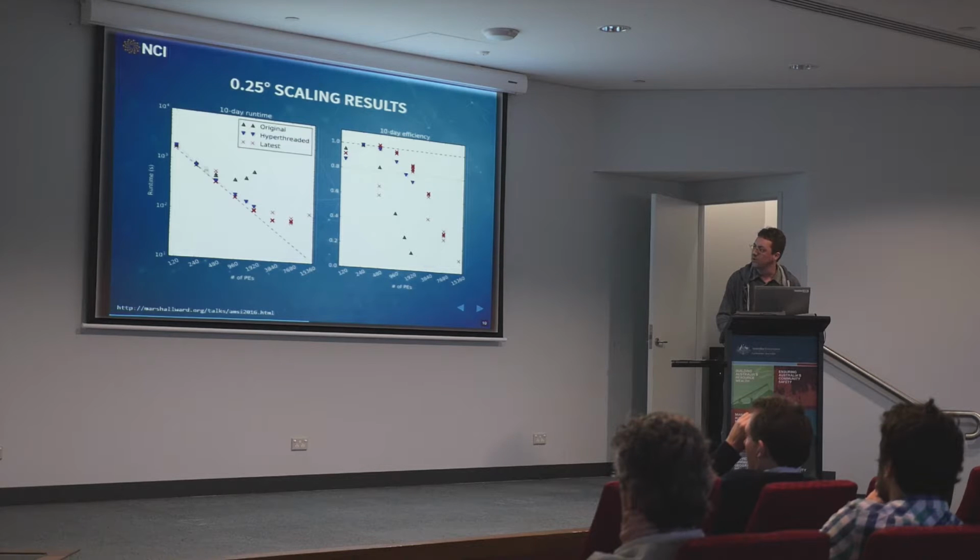I won't go into what we did to achieve this, but we were able to make improvements in various ways on system level and code level. And we've been able to get this model to run up to over 15,000 cores, not efficiently, but to get it on there. And we've been able to get efficient performance up to 3,000. I'll just explain this very quickly. This is CPUs here and runtime here.